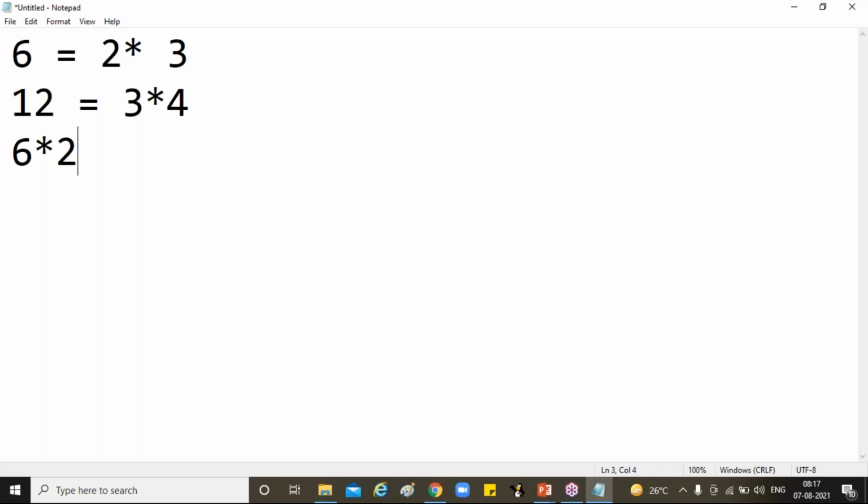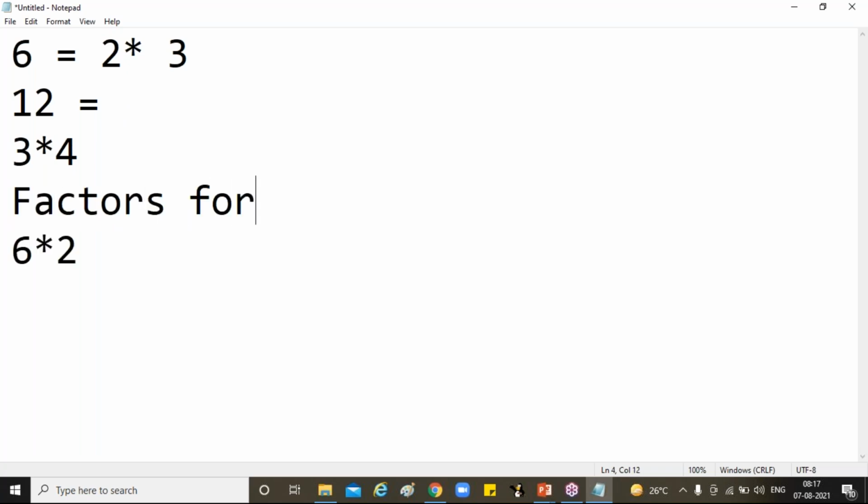Yes, Sachin? Both are correct? No, both are not correct. Because here 3 comma 4, what are the factors of 3? 1 and 3. Everyone please concentrate.